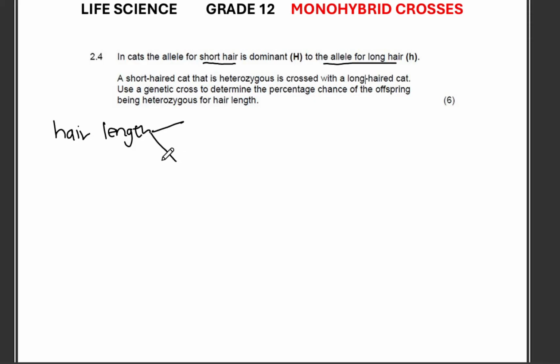And the alleles here are the short hair gene and the long hair gene, so you're having short hair and long hair for the cats. They're also telling us that the short hair gene is dominant over the long hair gene. That means the short hair gene is the dominant one, which means the long hair gene is recessive.